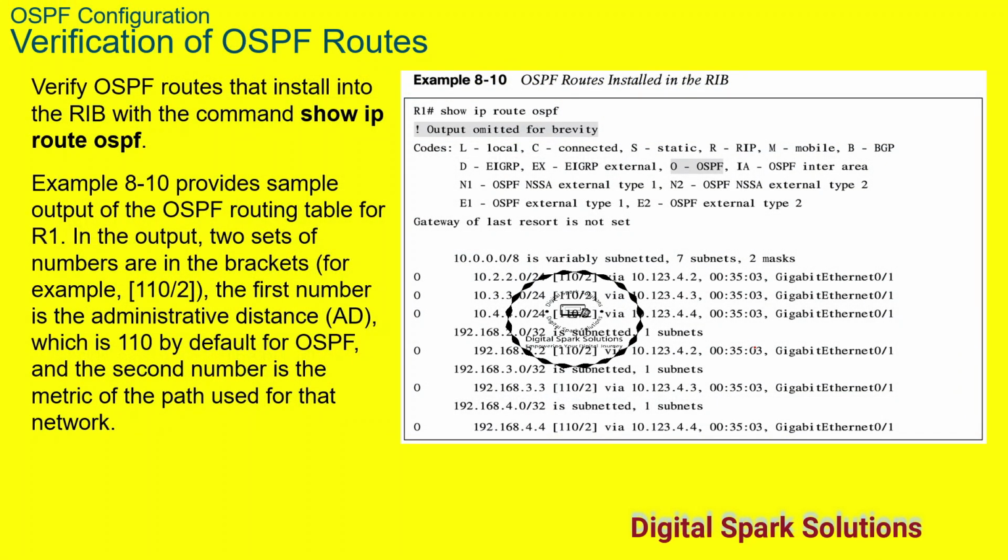For the verification of OSPF routes, the command used is show ip route ospf. Here is an example of show ip route ospf.